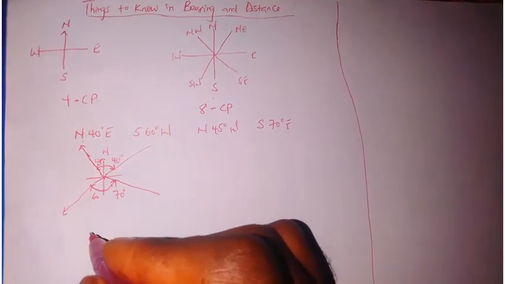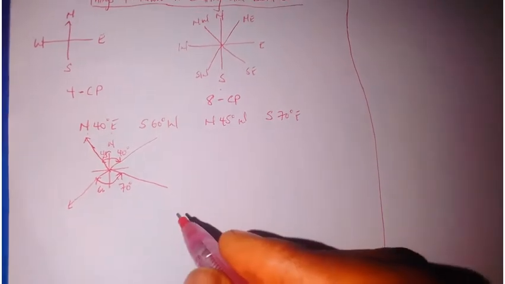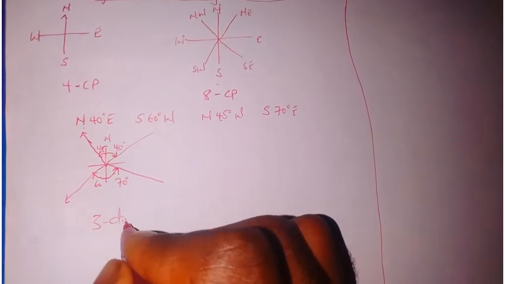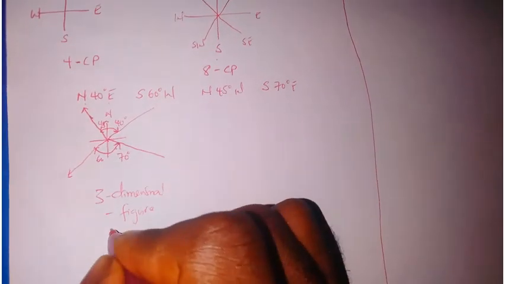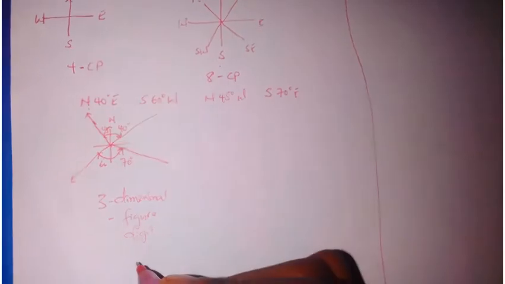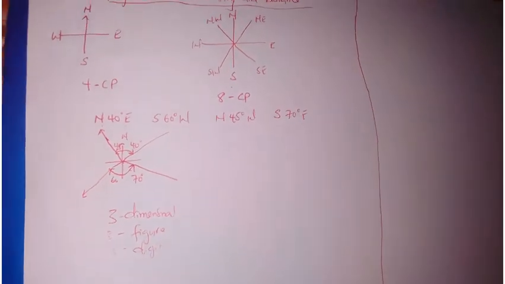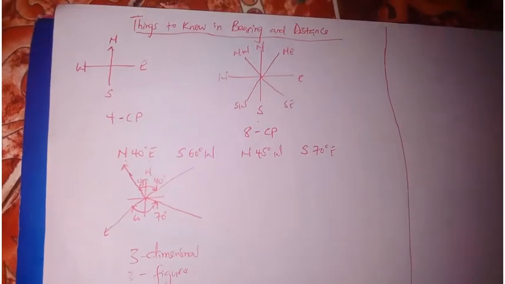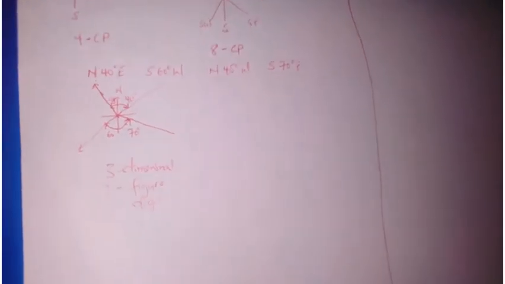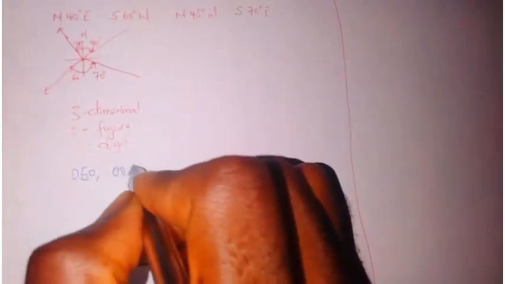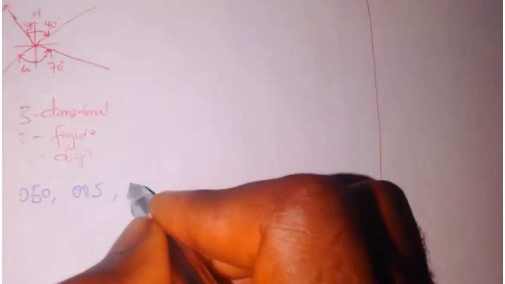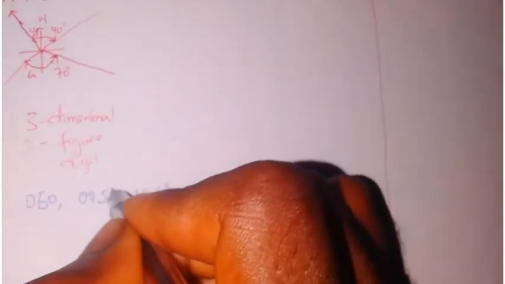Now for 3-figure bearing, which we call 3-digit bearing, we look at our values on our cardinal points to be in 3-figure, that is 050, 005, and something like 126 degrees.